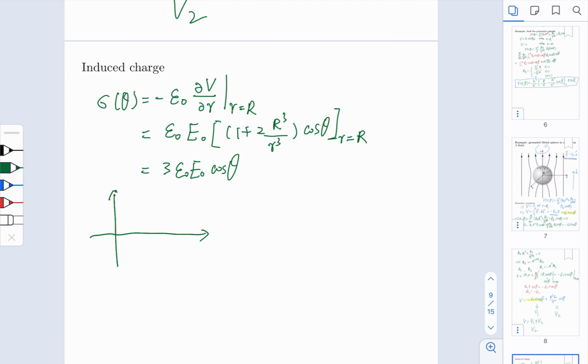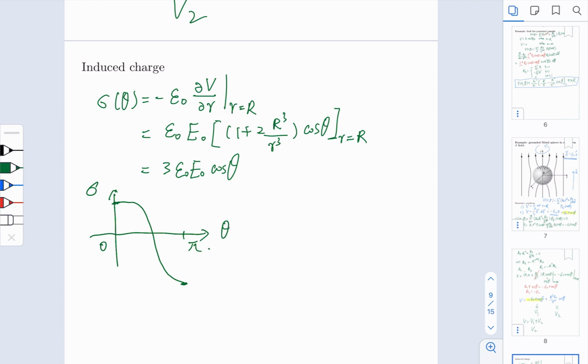That is simply the cosine theta function. So at theta equals 0, the sigma reaches the maximum value, because cosine theta at 0 is 1, and then at theta equals pi, it reaches an equal but negative part. So if we plot this sigma as a function of theta, then the function looks like this.